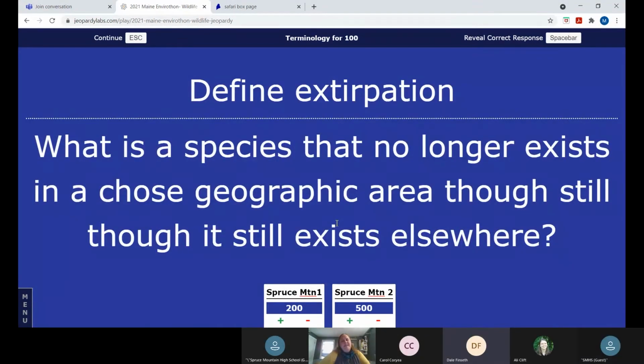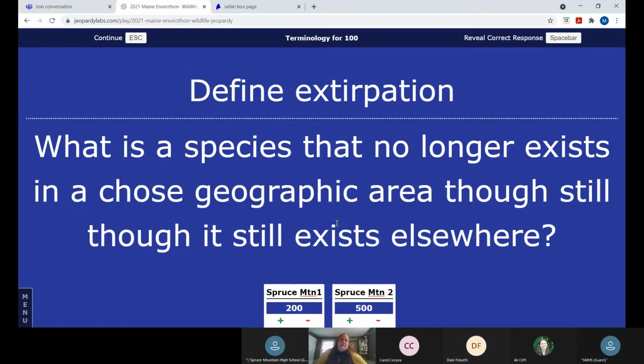This is one of the ones that tricks up some of the teams. It's a species that no longer exists in a geographic area, so it might no longer exist in Maine, but it still exists elsewhere. So for the longest time, the mountain lion was considered extirpated.